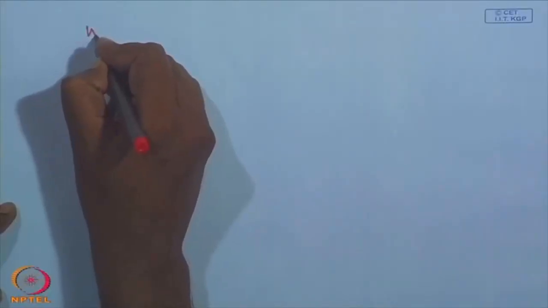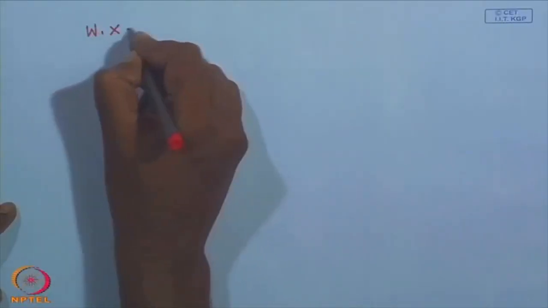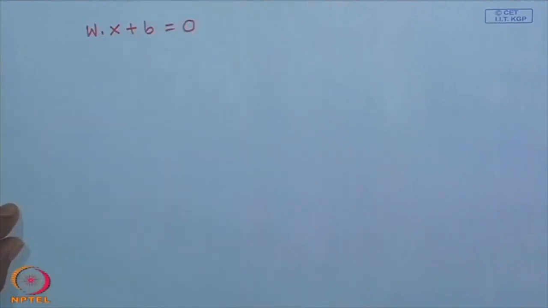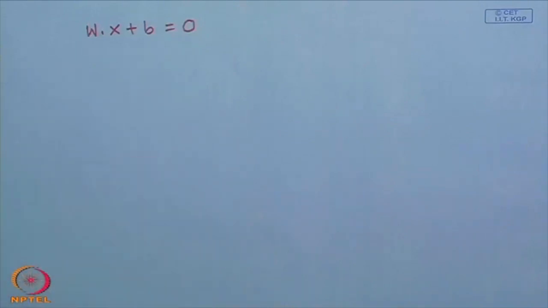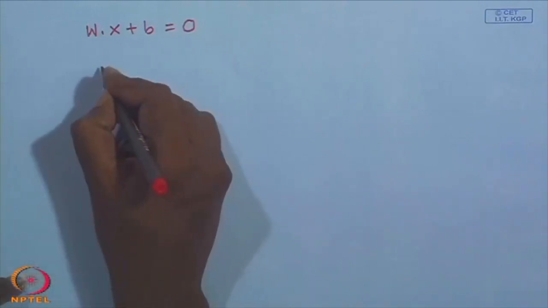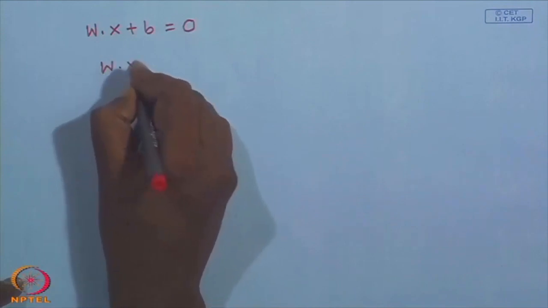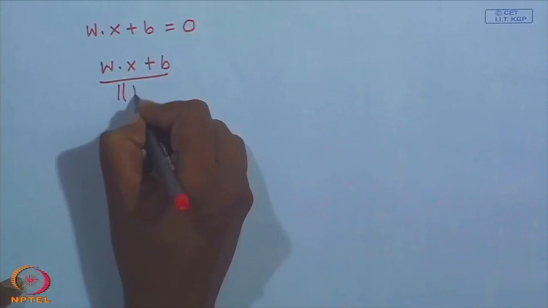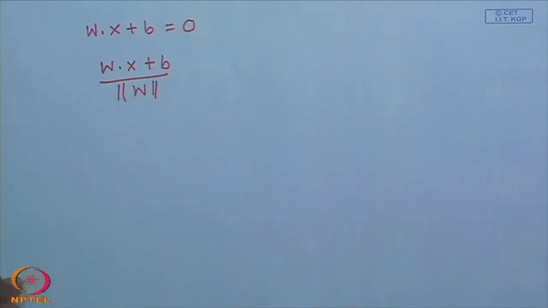So, if I have a hyperplane whose equation is given by W dot x plus b is equal to 0, the distance of a point x from this hyperplane is simply given by (W dot x plus b) upon mod of W. This is known from school level geometry.